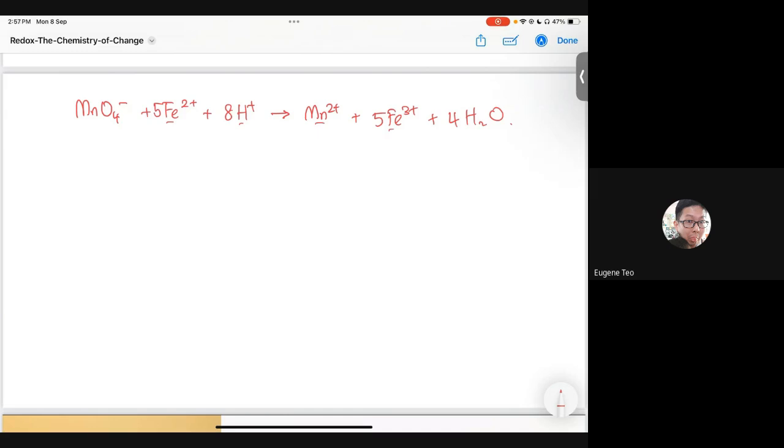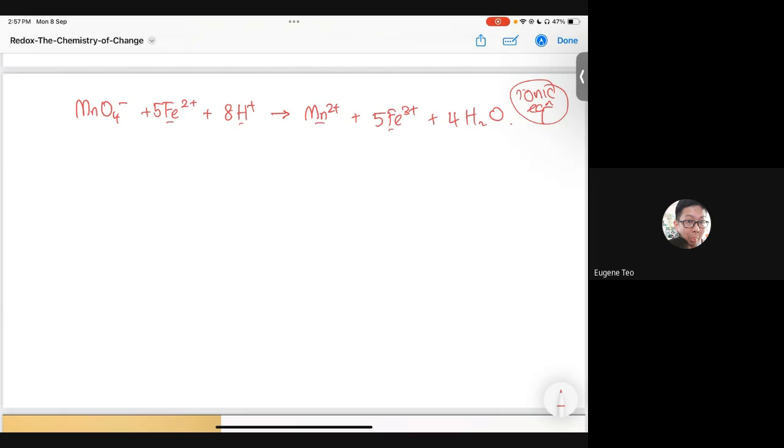Do you realize that they're actually charged? If they are charged, it means they are actually bonded to something else. It's just that this is an ionic equation. Because it is an ionic equation, the spectator ions are removed, so you don't see what they are bonded with.